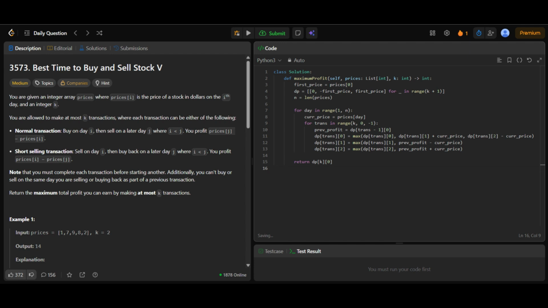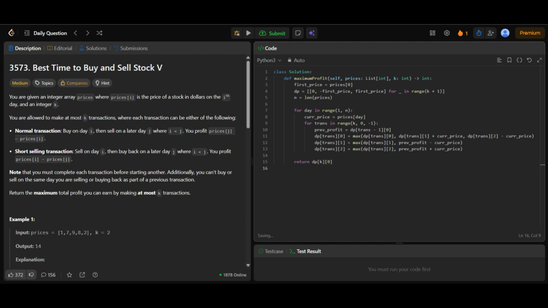This DP formulation cleanly enforces all constraints. No overlapping transactions. Each transaction is fully completed. Normal buys and short sells are both supported. Maximum of k transactions guaranteed. And most importantly, it runs efficiently in O(n times k). Final answer.